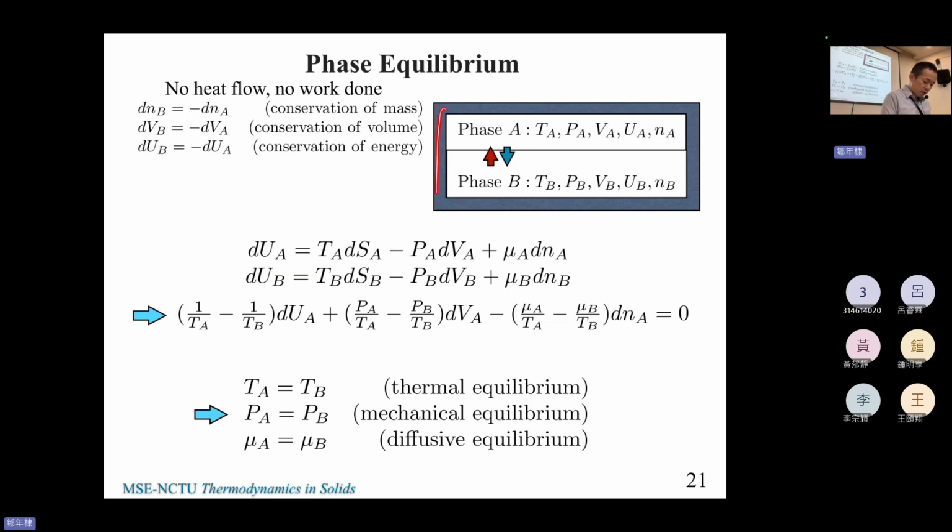So now we have a container and a material in a controlled condition, and it has two phases, phase A and phase B. Each phase has TA, PA, VA, UA, NA, and so on. So again, no heat flow because this is isolated, and no work done. Just put that and let it reach equilibrium by itself.